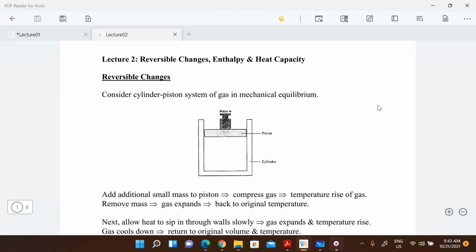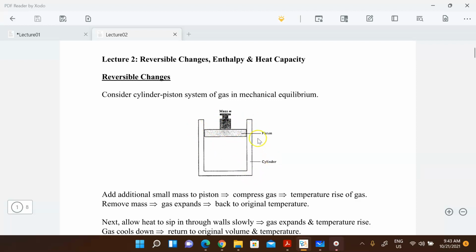So here is a gas system contained inside a cylinder with a piston on top. You can think of this system as now in equilibrium. There's a gas inside here. This mass exerts a certain force on it, but now they are just in equilibrium.